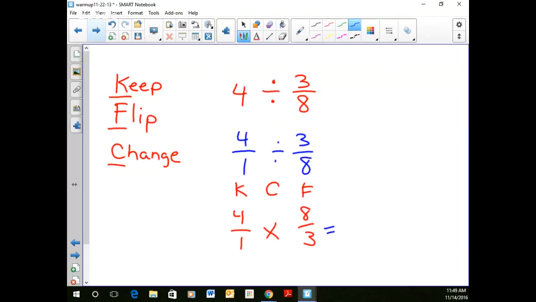So we must go ahead and multiply our numerators, 4 and 8, and get 32. And then 1 and 3, we get 3. Again, we're left with an improper fraction. We can't leave our fractions improper with our answers, so we must divide our denominator into our numerator.